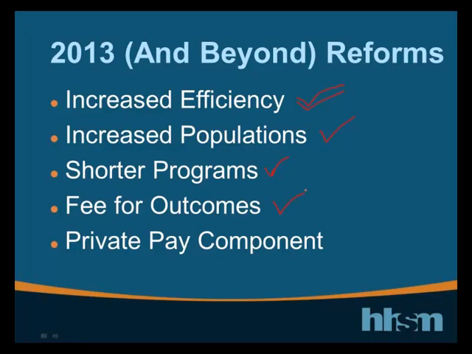Fees for outcomes. So let's talk about this. The key is to deliver outcomes at a more efficient pace under the accountable care organization model. So the question is, how many visits will it take you to teach new medications? Well, if you're teaching a caregiver, today we might teach 4 caregivers in 4 visits.